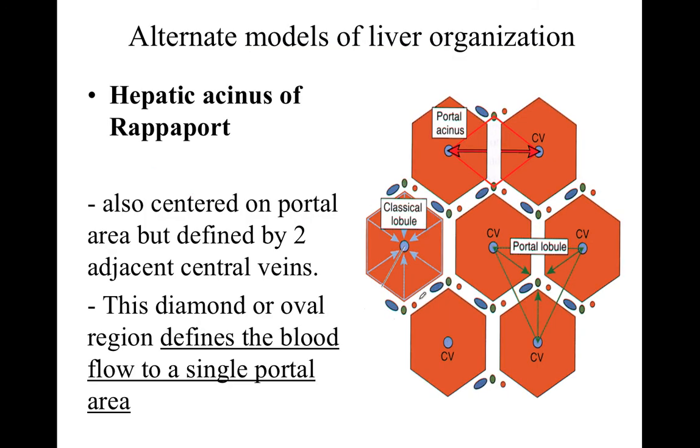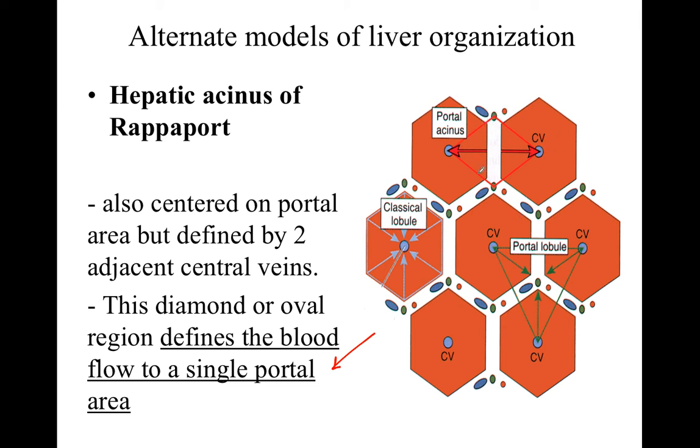The other one, which is the hepatic acinus, usually defines the blood flow. It defines how the blood flows in the liver, and usually it has a diamond shape.